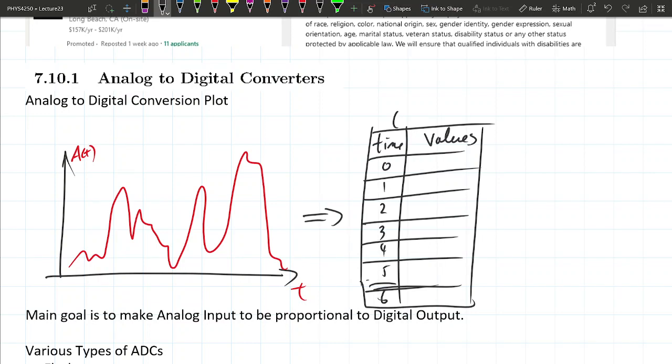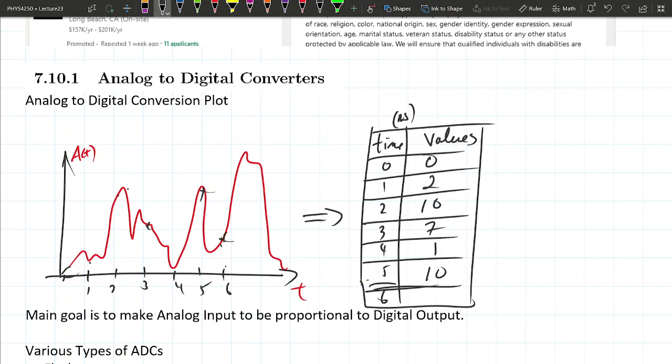This could be in units of nanoseconds or milliseconds, whatever it is. At t equals 0, maybe this pulse is at 0. At t equals 1, maybe this pulse is at 2. At t equals 2, it's pretty large, maybe that's 10. At t equals 3, it's down here, so it's equal to, I don't know, 7. At t equals 4, it's pretty close to 0, let's call that 1. At t equals 5, it's pretty big again, similar to this, that's 10. And so on like that.